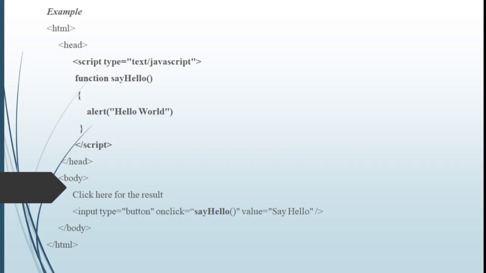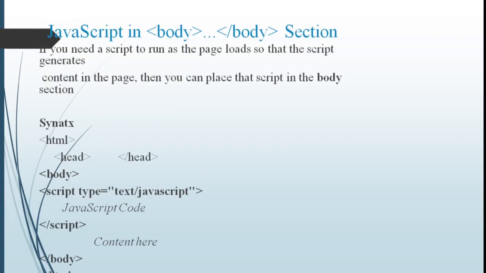Similarly, we can include the script tag in the body section. JavaScript in body section. If you need a script to run as the page loads so that the script generates the content in a page, then you can place the script in the body section. See the syntax: HTML, head, close head, body, script tag, contents.